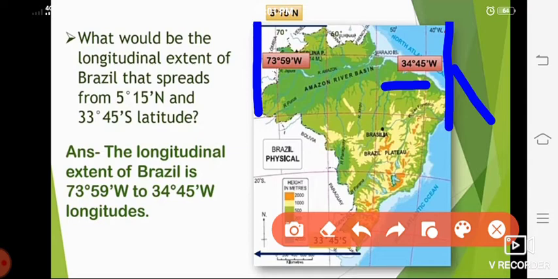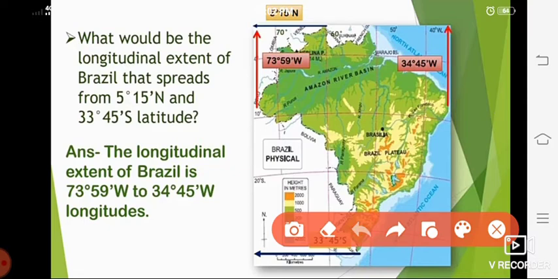So we have considered precisely as 73 degree 59 minutes west. So these two blue lines are indicating us longitudinal extent. Now you can see the answer. The longitudinal extent, now it is in red color. Okay, so see the answer. The longitudinal extent of Brazil is 73 degree 59 minutes west to 34 degree 45 minutes west longitudes.